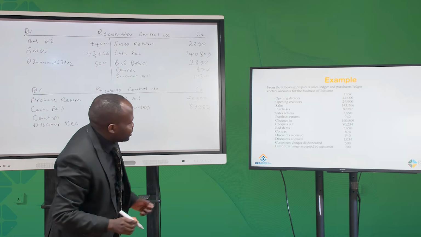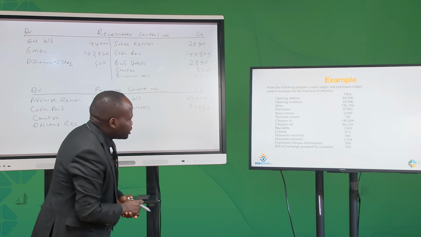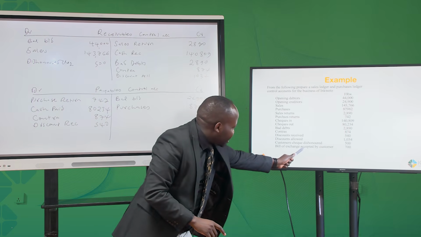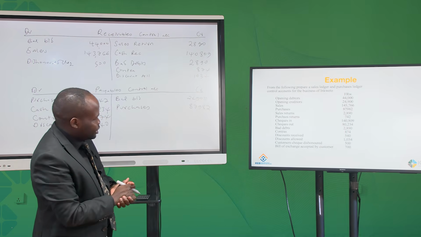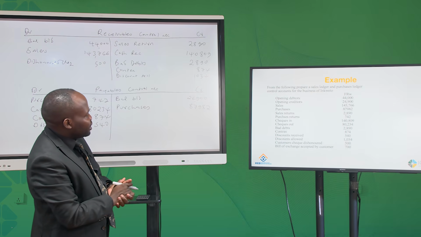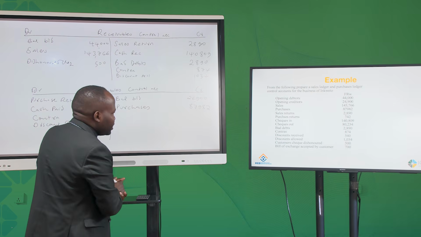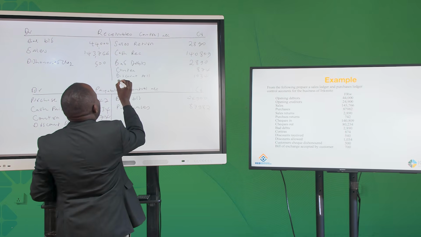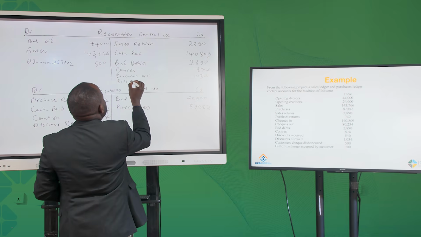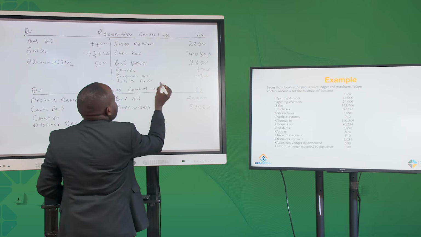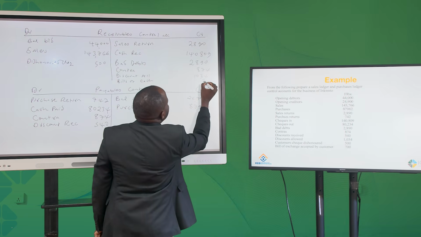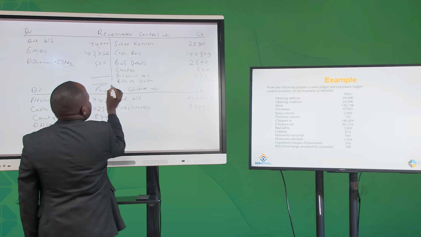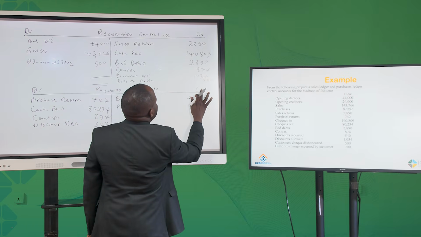And this other one, bills of exchange accepted by the customer. Bills of exchange is 700.